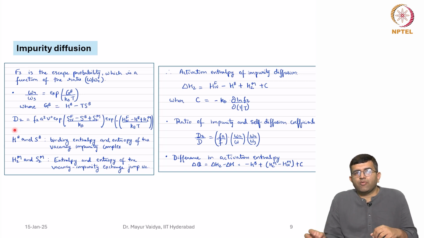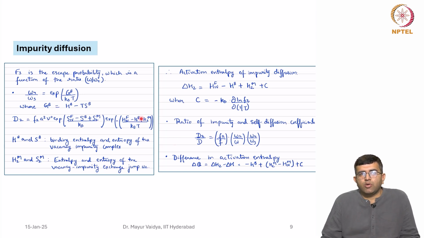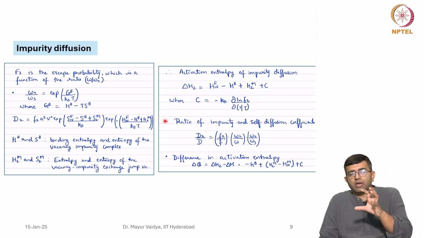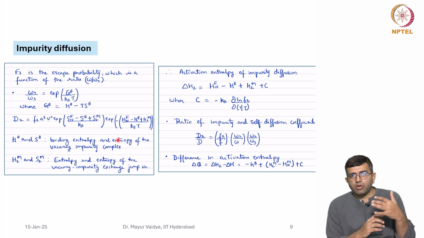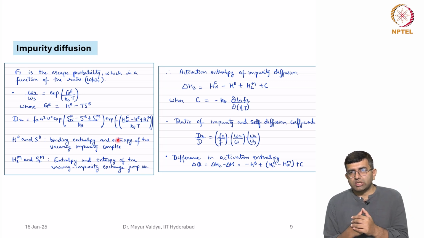And similarly for the activation enthalpy as well, you have a minus binding energy term coming into the picture, the enthalpy of binding. So, the activation enthalpy for the impurity diffusion by vacancy mechanism. Remember again, when we talk about impurity diffusion, impurities can be substitutional as well as interstitial. Last video we talked about interstitial impurities like carbon, nitrogen, hydrogen, oxygen.